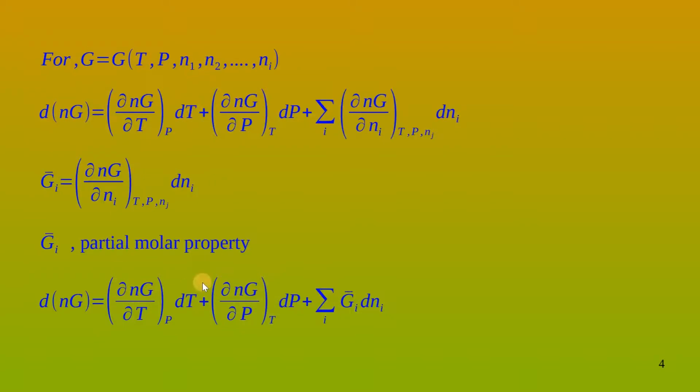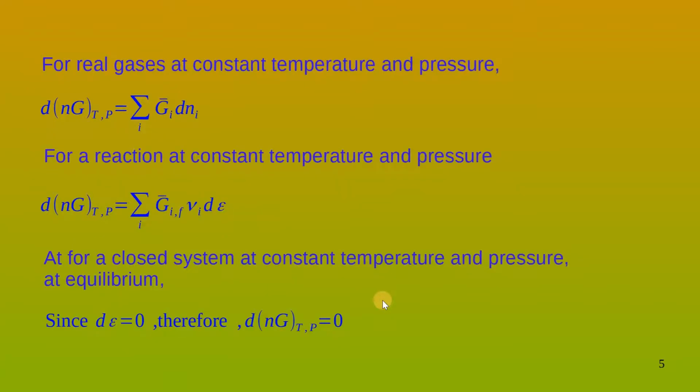Because if the temperature is held constant, the first term is 0, pressure is held constant, the second term is 0, and we are left with nothing but d(Ng) on the LHS and summation of Gi bar dNi on the RHS. So we can write that change in Gibbs free energy of the mixture at constant temperature and pressure is equal to nothing but the summation of the partial molar properties of the species in the mixture to their small additions.